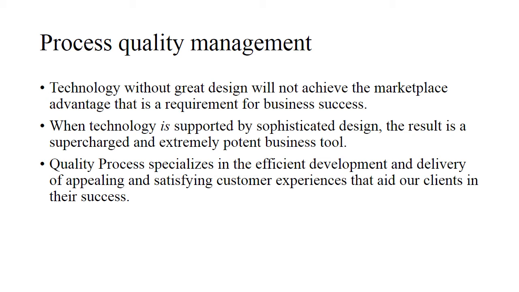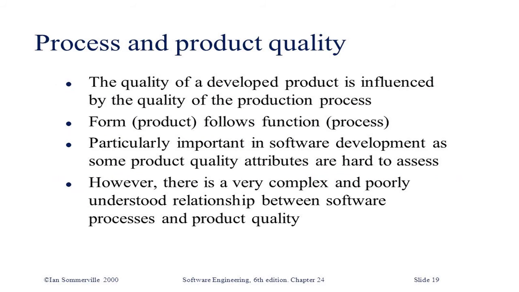The next thing is that the quality process specializes in efficient development and delivery. It should have some method. The customer should experience the best method for your software, so that they have success with your clients. Your product should reach all customers and bring goodwill, and your process should satisfy recent market technology so that it can reach them very quickly.